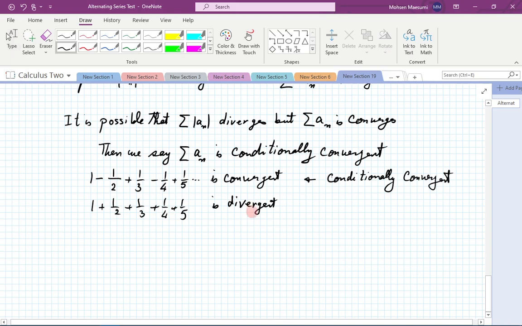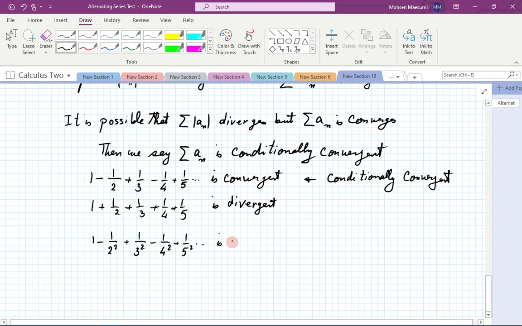If it so happens that both of them are convergent, then the one with the pluses and minuses in it is going to be called absolutely convergent. So for example, if I have 1 minus 1/2 squared plus 1/3 squared minus 1/4 squared plus 1/5 squared and so on, this one obviously satisfies our alternating series test.